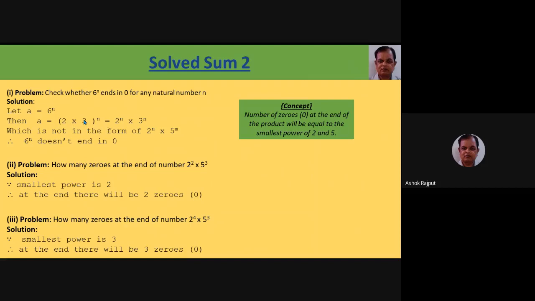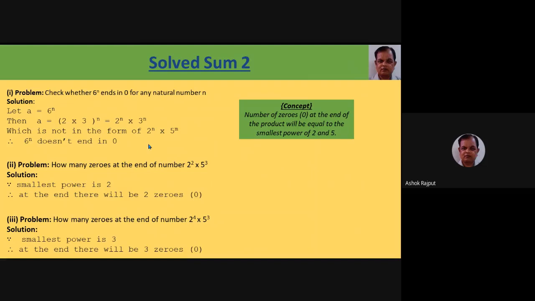So we have multiplied, it is 2 raised to the power n, 3 raised to the power n, which is not in the form of 2 raised to the power n into 5 raised to the power m. Therefore, 6 raised to the power n doesn't end in 0 because it does not follow our concept.